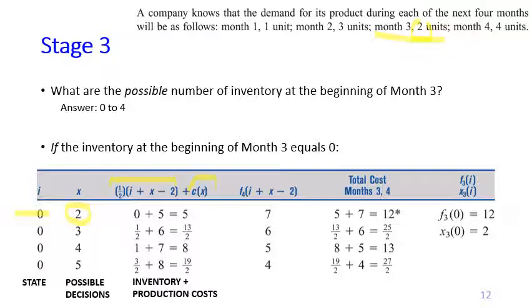The inventory that we have, I, is the beginning inventory 0 plus 2 units minus 2 equals 0, times the inventory cost of 50 cents or $0.5. So 0.5 times 0 equals 0. The production cost of 2 units equals 5 because there is a fixed cost of $3 plus variable cost $2. 3 plus 2 equals 5. So the cost for this decision at this stage equals 5.